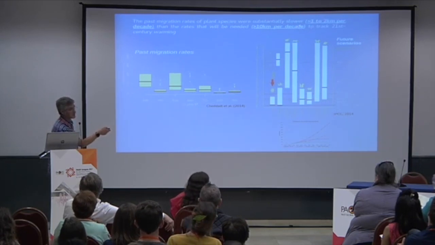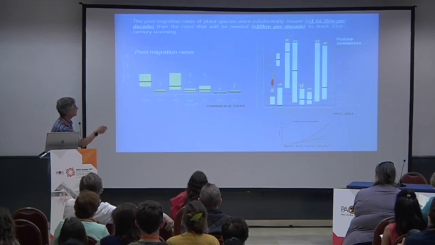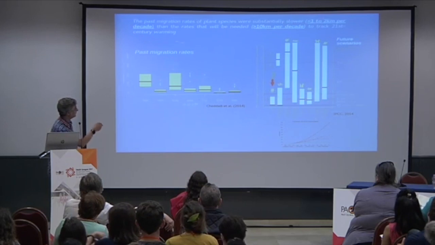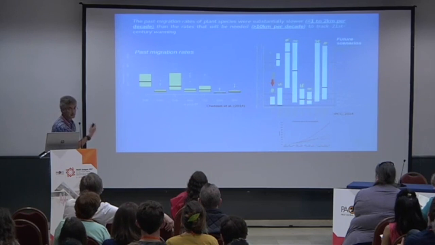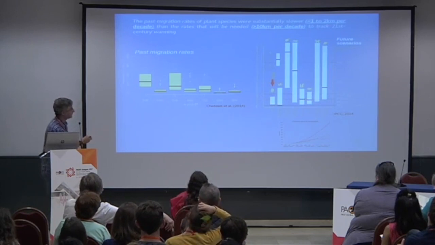When I say much lower, it's about 10 times lower. These species, silver fir, migrates by about 1 to 2 kilometers per decade. And the expected rate of climate change is about 10 times, something like 10 kilometers per decade.